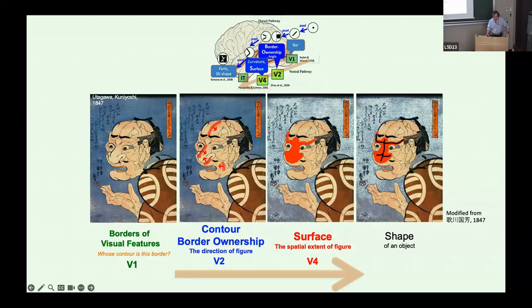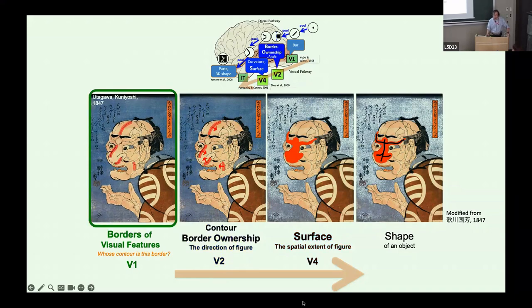And in this example, printed by Dr. Kuniyoshi, you can see many human bodies arranged to form a single face. To make a long story very short, V1 neurons represent local contours. Oops, excuse me. Where's my pointer? V1 neurons represent the borders of the visual features, such as luminance, color, orientation, and texture.